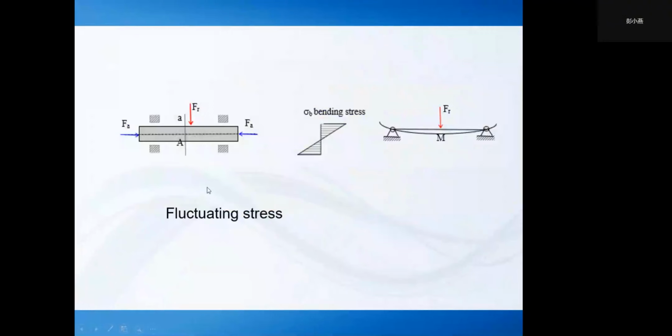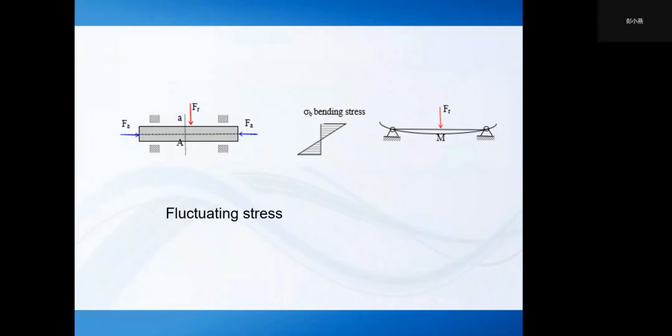This is an example of fluctuating stress. The fluctuating stress can be regarded as the superposition of a completely reversed stress on a static stress.